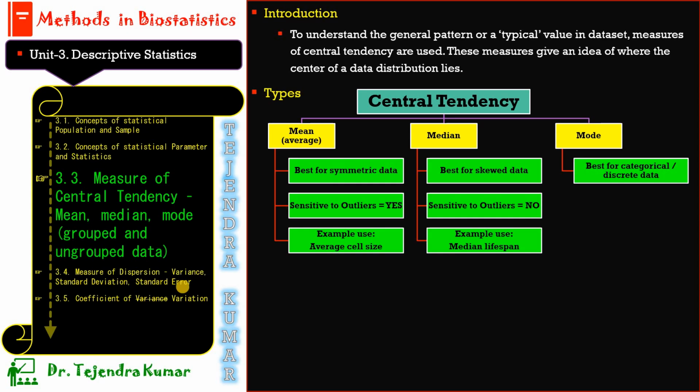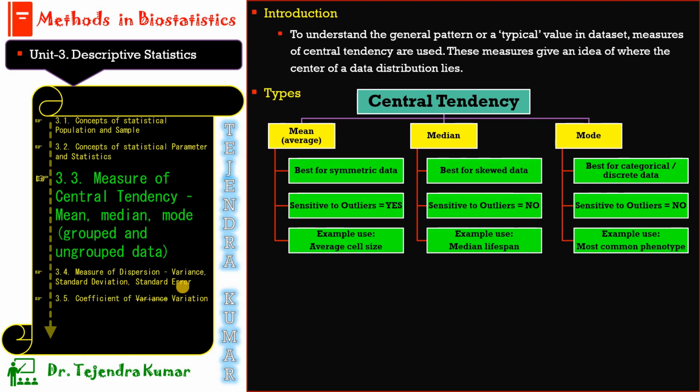Next is mode. Mode is best for categorical or discrete data, and it is not sensitive to outliers. An example is the most common phenotype in genetics.